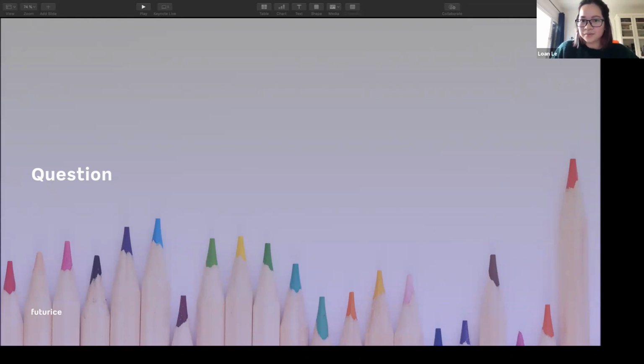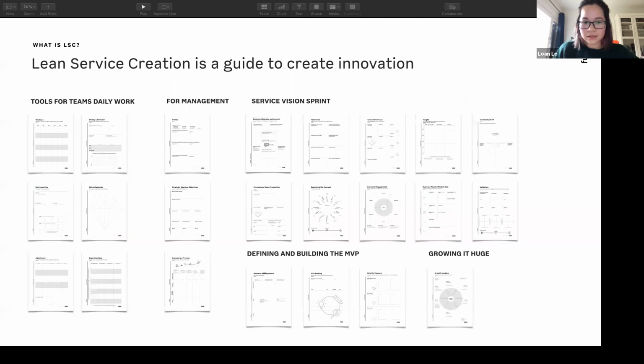When you go into a workshop with the canvas, you already know the foundation you need to find out. And here I show that we have also grouped the canvases into different phases of the process, so you can pick the canvas that is relevant to the phase you are in. Did I answer the question? Yes, I think you did.